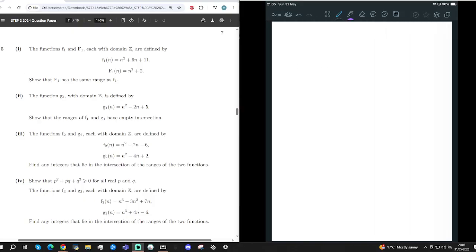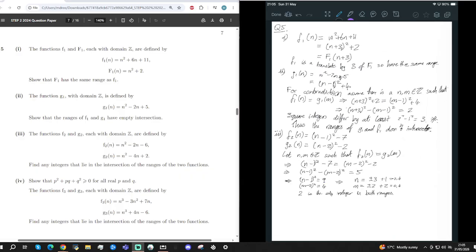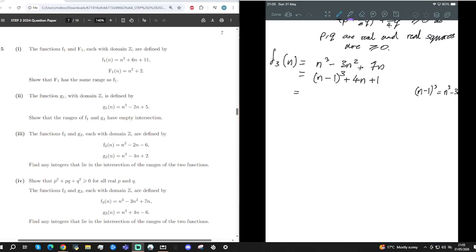Part 1 of the question, we wrote one of them in terms of the other. Can we do the same here? And we need to be a little bit sneaky with this f3. I'm going to write this as 4 lots of n minus 1. So I'm going to make both of the n bits look like n minus 1.